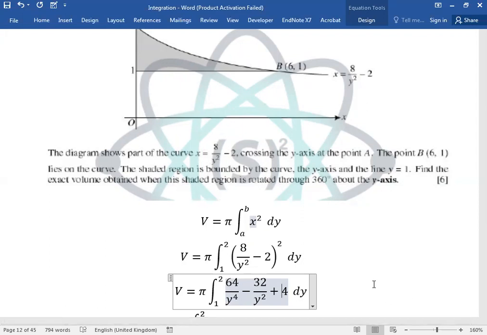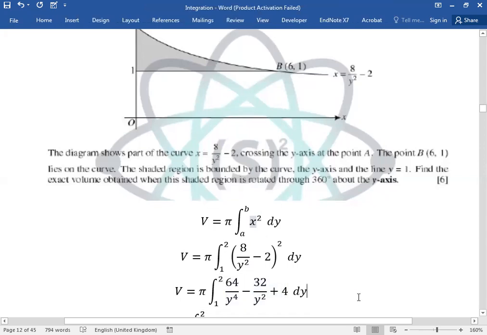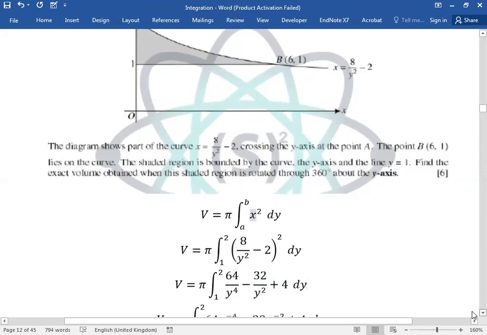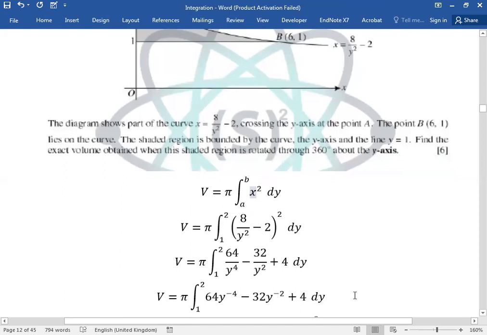So now can we integrate each one of them individually? Integrate, plug in the limits, subtract, and then multiply by pi. What is the integral then?